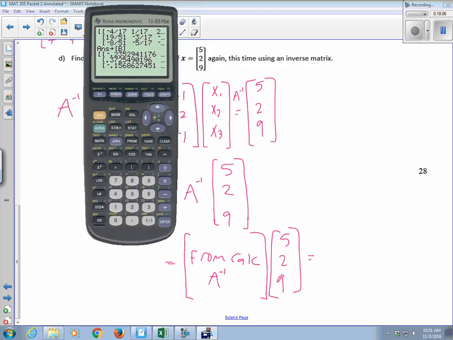Now I'm going to go in and define 5, 2, 9 as a vector. Maybe I'll make it matrix C, which is a 3 by 1, 5, 2, 9. And then I'm going to multiply matrix B by matrix C. And change to fractions. 0, 4/3, -11/3.